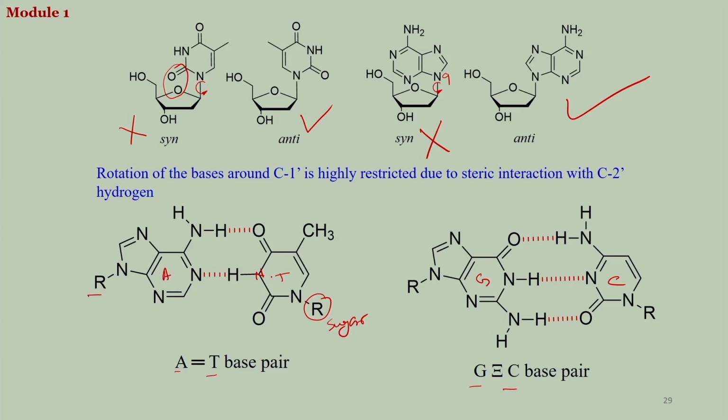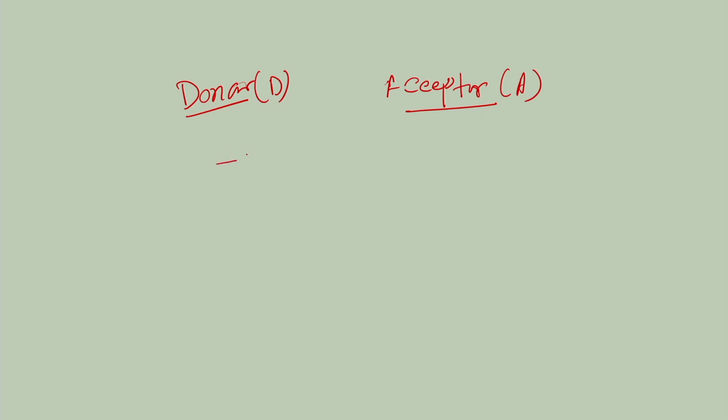Now, when you talk about hydrogen bonding, there are two factors, one is called the donor, the other is the acceptor. Donor represents T, acceptor represents A. Of course, you know all this, I will just give a brief recap. If you want to form a hydrogen bond, you need a donor which has a donatable hydrogen.